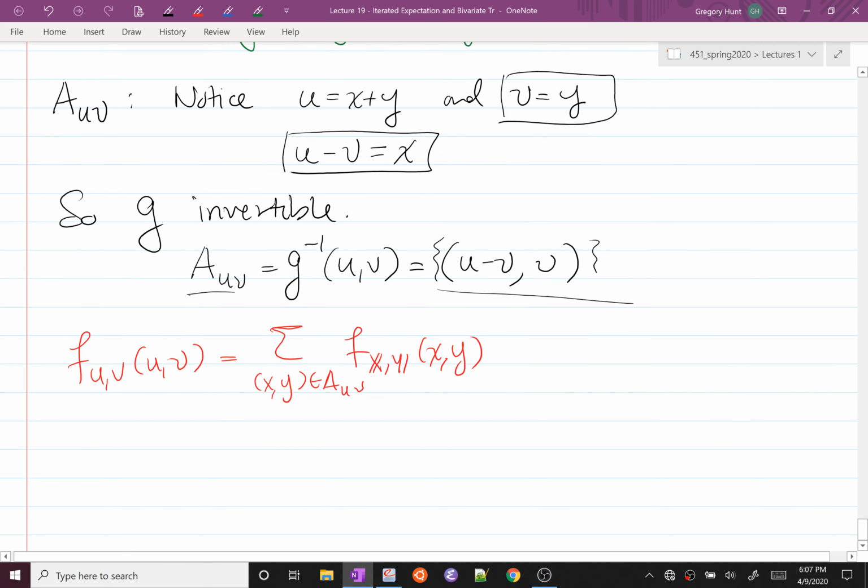But in this case, that really simplifies. We can just write it as f, the joint of xy. Well, what pairs xy are in A sub uv? It's just going to be u minus v, v.